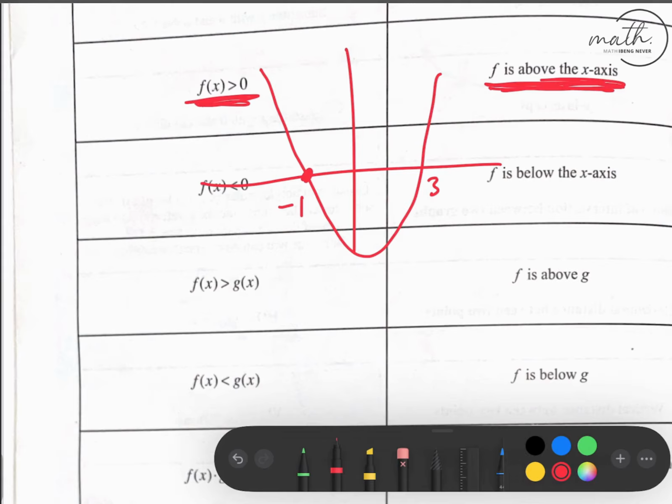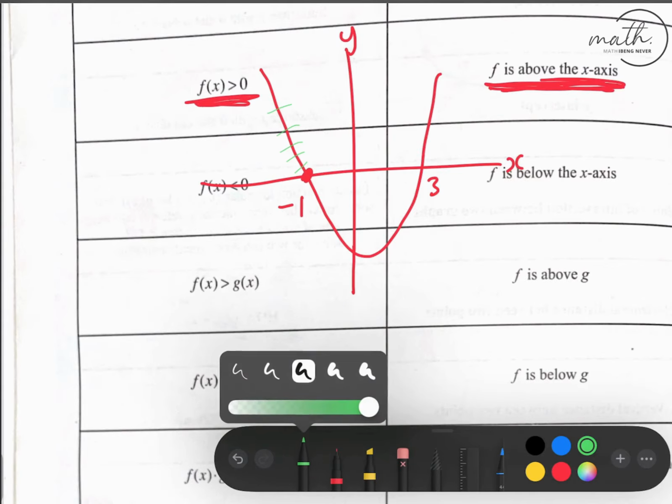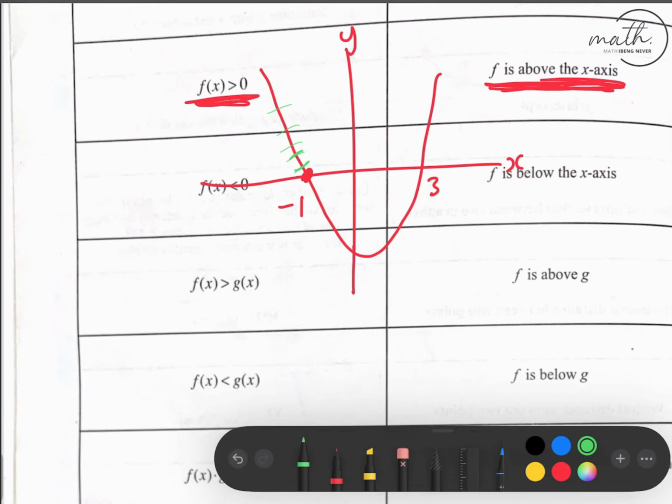So where is it above the x-axis? Remember, there's the x-axis, there's the y-axis. So the graph is above the x-axis here. We use a different color here. It's above the x-axis right here. Here it's below. Up until there, it's above.